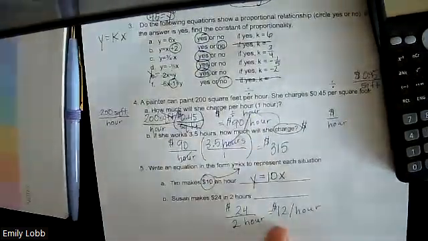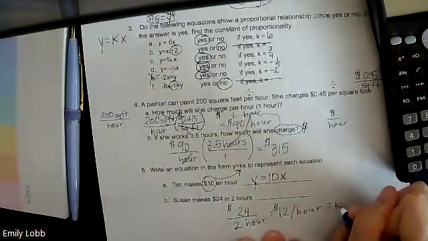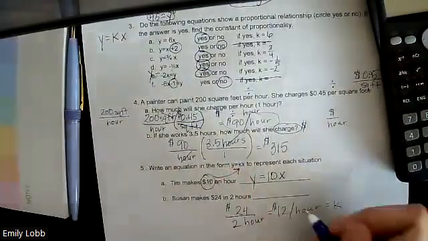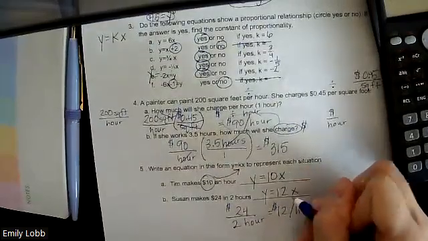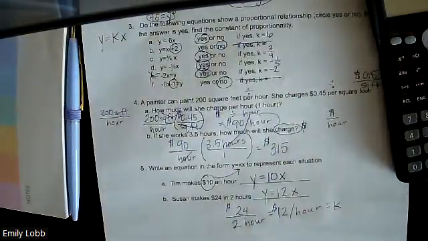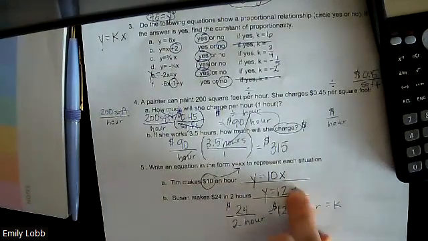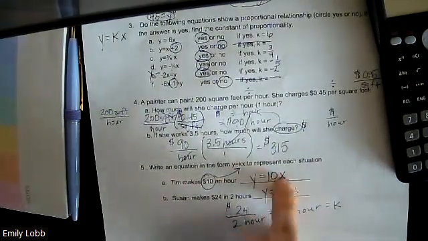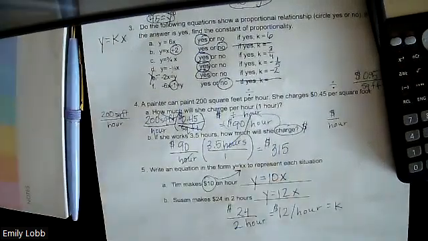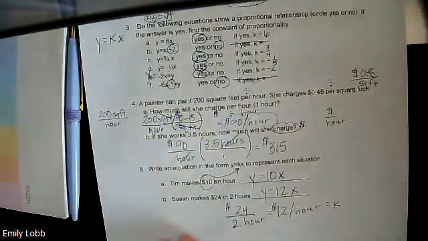So now this is our K. We're putting it into this equation. Y equals 12x. So 12 times the number of hours would give you the total amount made. Or 10 times the number of hours would give us the total amount made. All right, these are things you need to know.